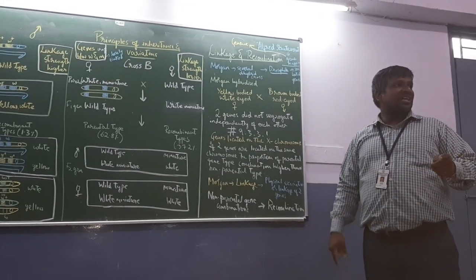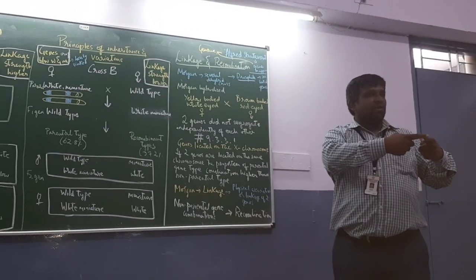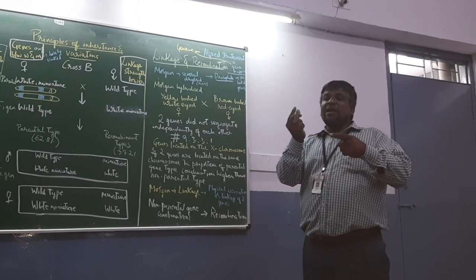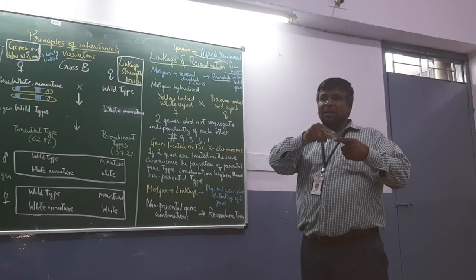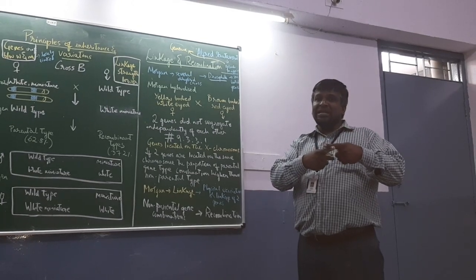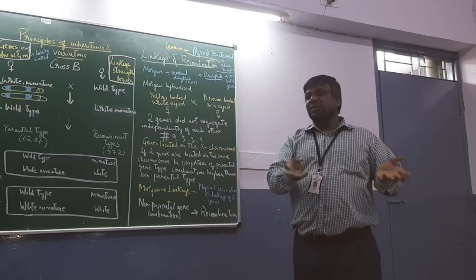Non-sister chromatids cross over. The point at which they cross over, we call chiasma. Fragmentation occurs, and a fragment of paternal chromosome gets attached to a fragment of maternal chromosome. That is what we call genetic recombination.